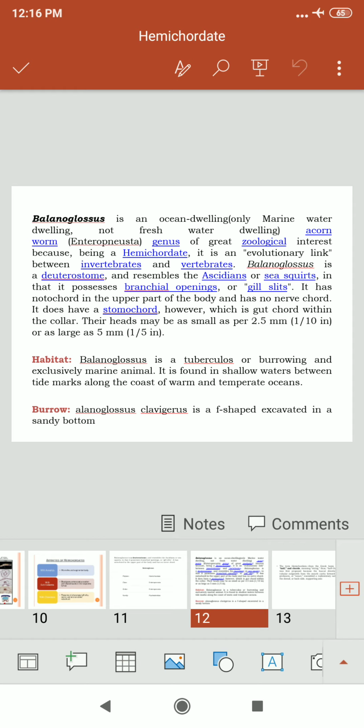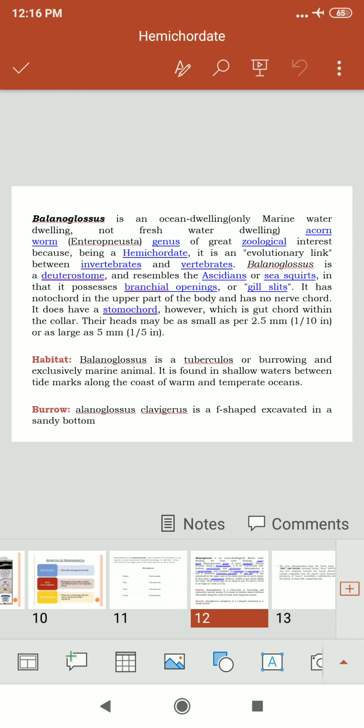Their heads may be as small as 2.5 mm, that is 1/10 inch, or as large as 5 mm or 1/5 inch. The Balanoglossus habitat, you can see, is tubicolous or burrowing, and they are exclusively marine animals, marine water dwelling, not freshwater dwelling.